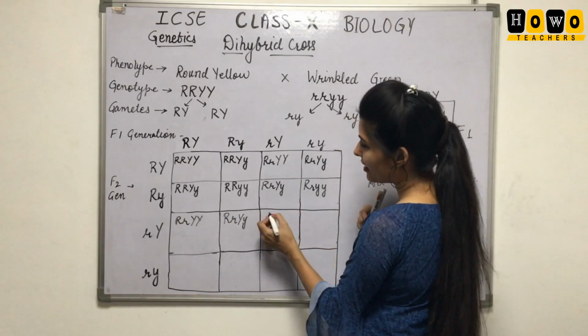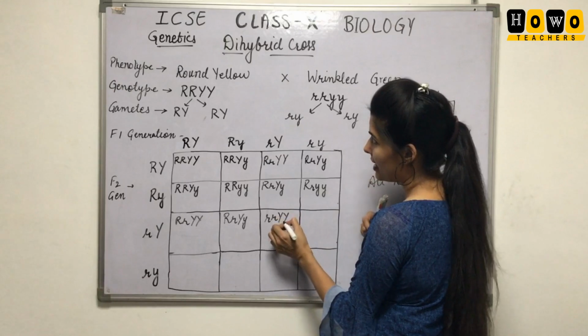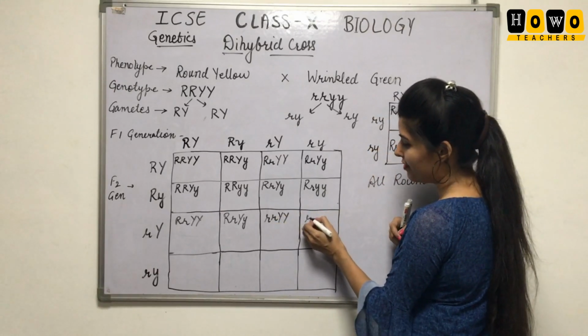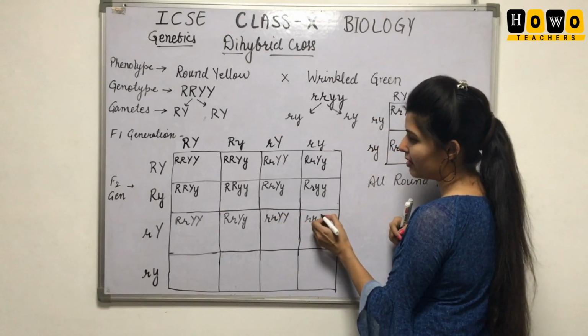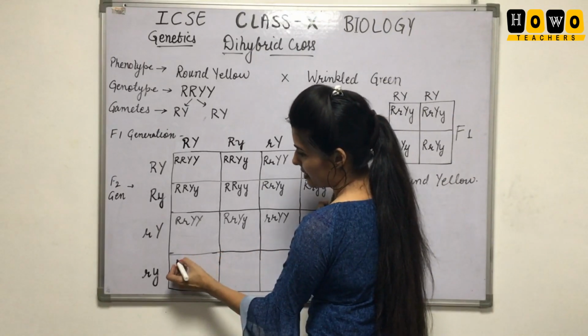So see here, wherever capital R is coming, the character will be shown as round seeds, and wherever capital Y is coming, the character will be yellow color seeds.